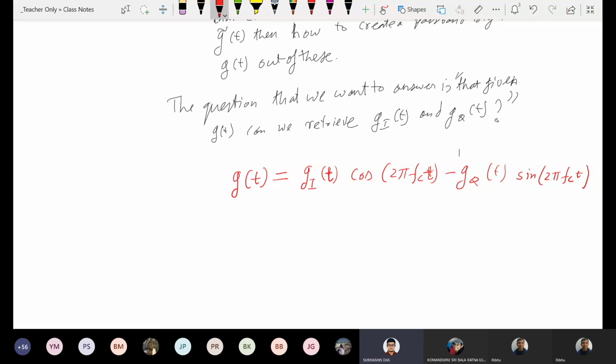So we can multiply what with what? g(t), using the orthogonal property only. We will multiply g(t) with cos in order to get gI(t), and say sin. Let's say y(t), or let's say y1(t).